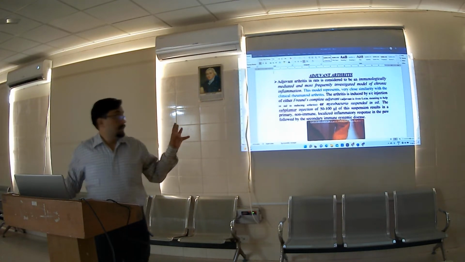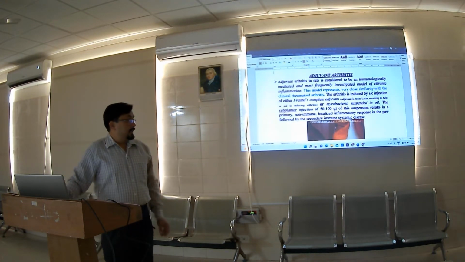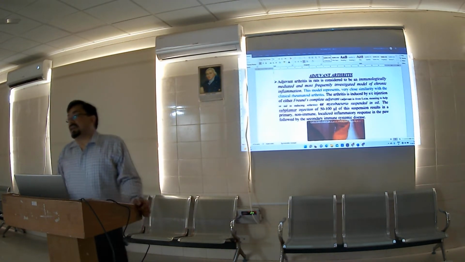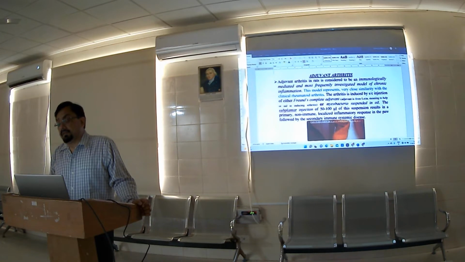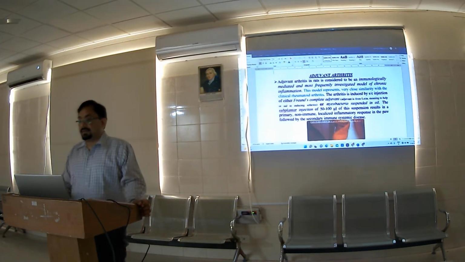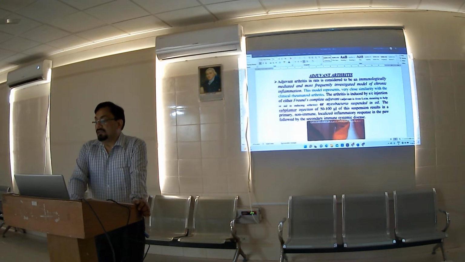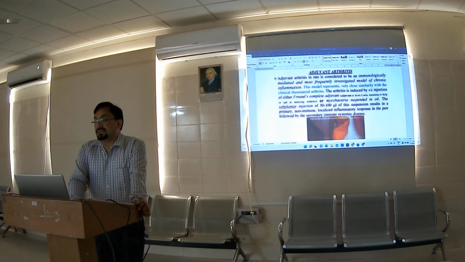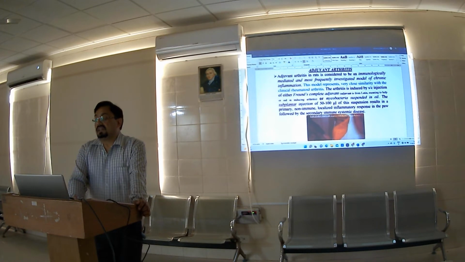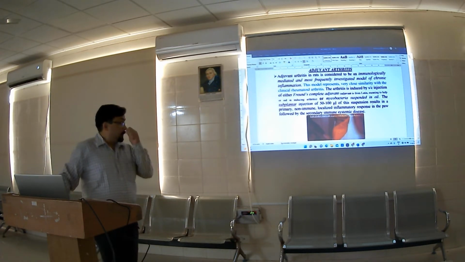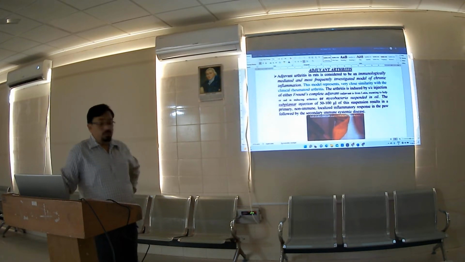This adjuvant arthritis is very closely similar to the clinical features associated with rheumatoid arthritis in human beings. So that is why this is also a chronic inflammation model, and most of the authors also consider this model under chronic inflammation.